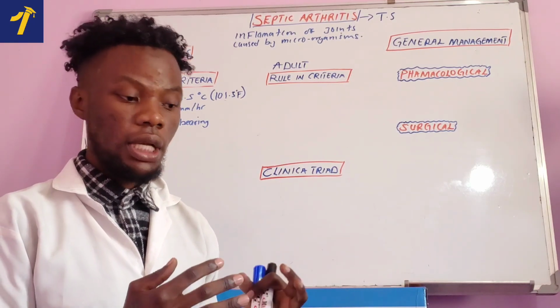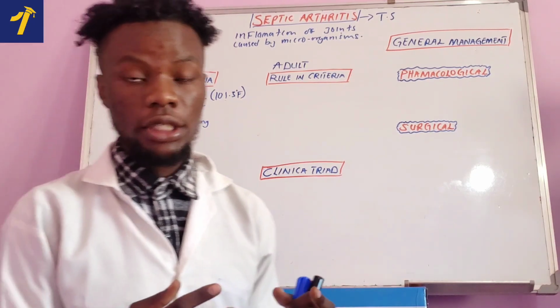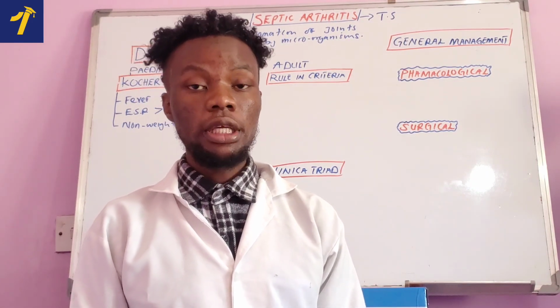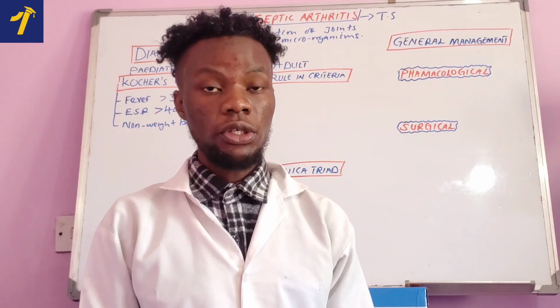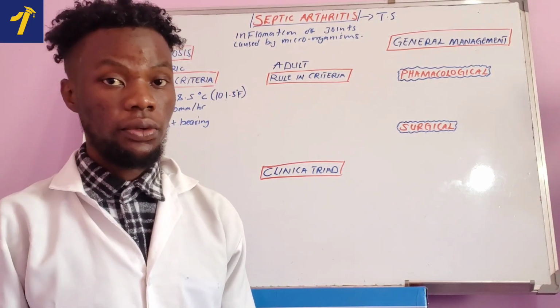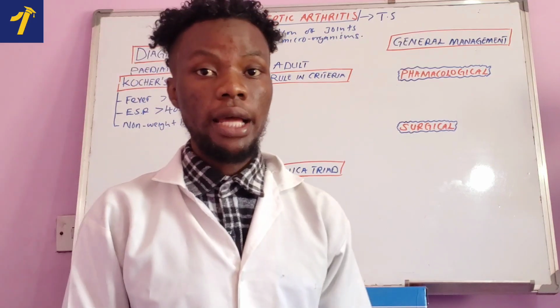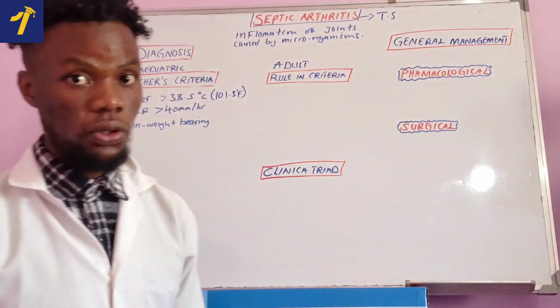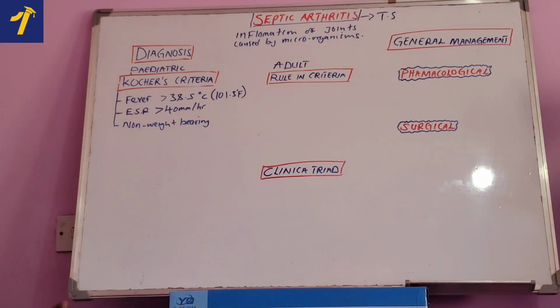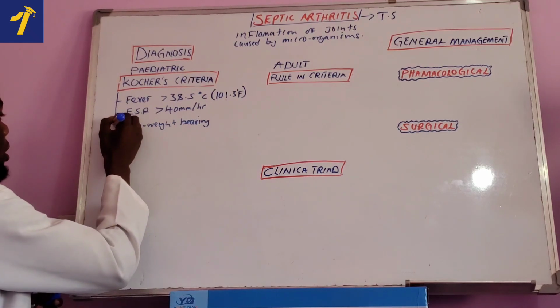Basically, if the patient tries to stand, that tenderness is going to increase, because you are stretching the joint capsule if you try to stand. So there will be non-weight bearing on that affected joint. Very important point as well. So non-weight bearing is one of the factors considered in Kocher's criteria, okay?